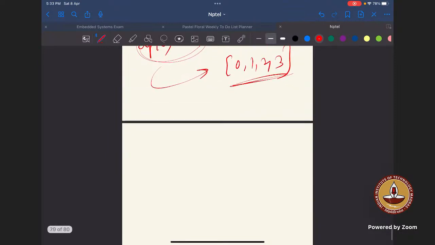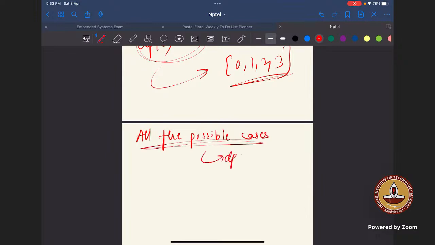It is quite simple. I'm telling you guys a trick: whenever you encounter such a situation in which you need to explore all the possible cases, always think about dp. You could find a question where it asks for minimum or maximum or count, but if you need to consider all the possible cases, then think about dp.